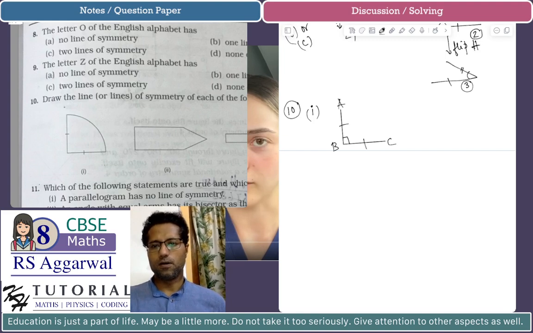Now, if you draw this arc, this is the figure. Now, what could be a line of symmetry of this figure?